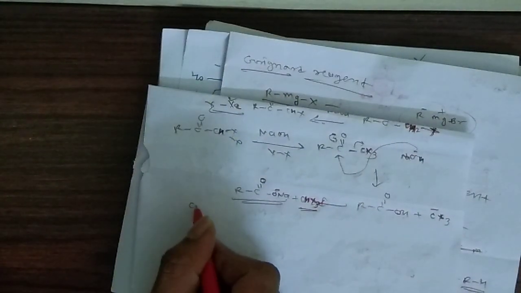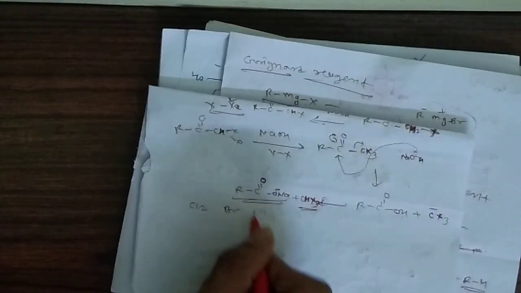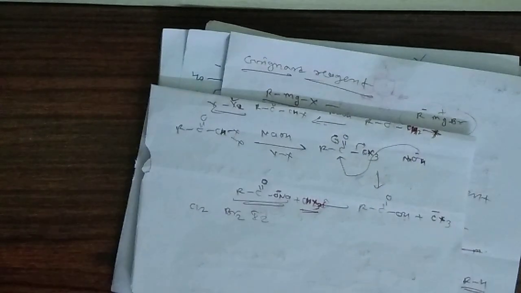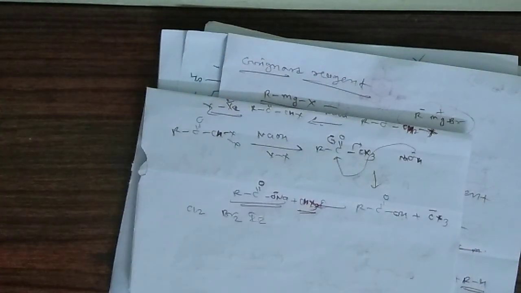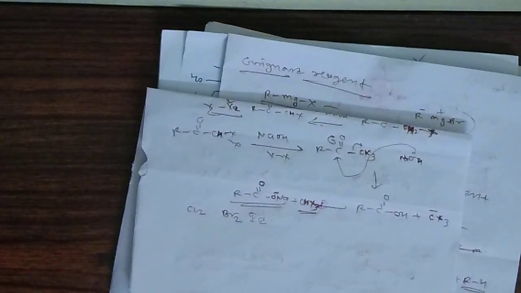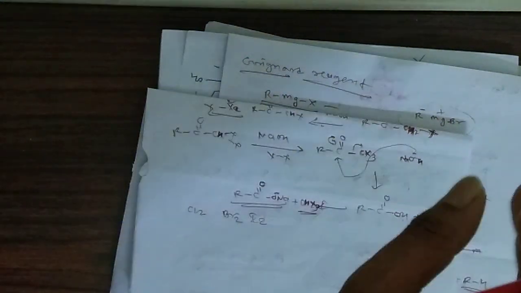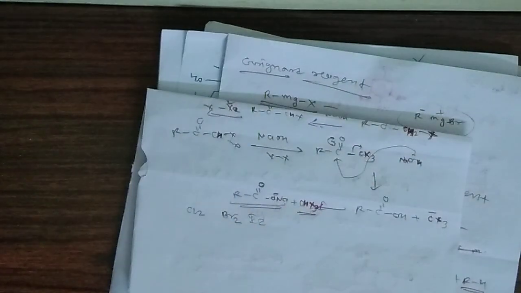Now if you see here, if you add chlorine or bromine or iodine, the rate of that reaction does not depend on which halogen we are using. It is because the rate of reaction is increasing as a proton is replaced by halogen.